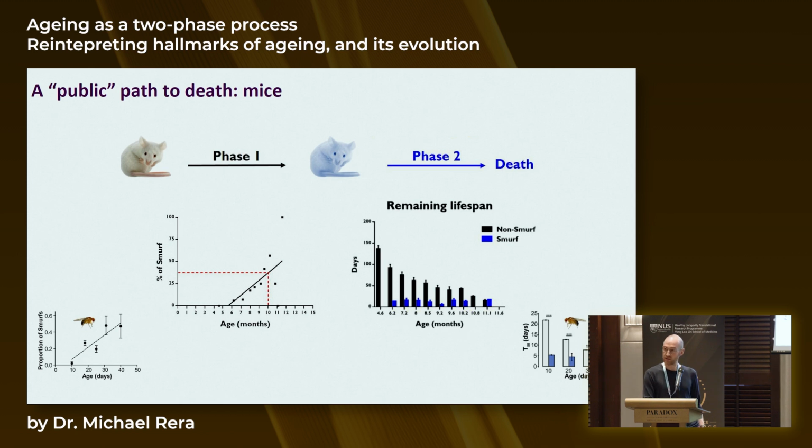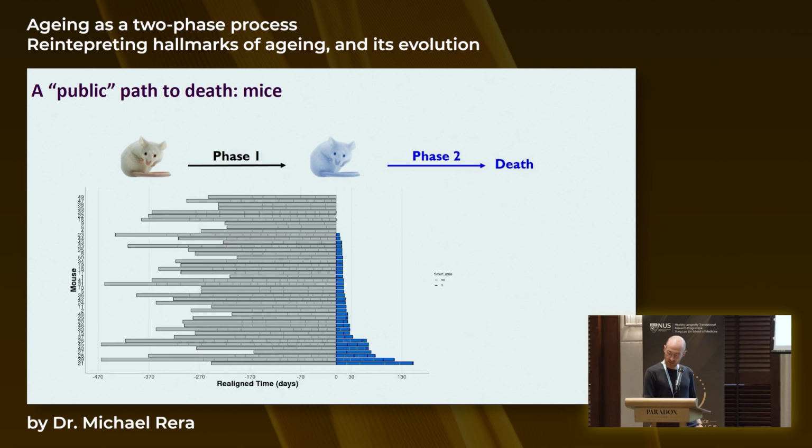And once mice become SMURF, they have an almost constant remaining lifespan of approximately 2 to 3 weeks, which was close to 2.4 days in flies. And this is independent of the age at which the individual transitions into SMURFness.